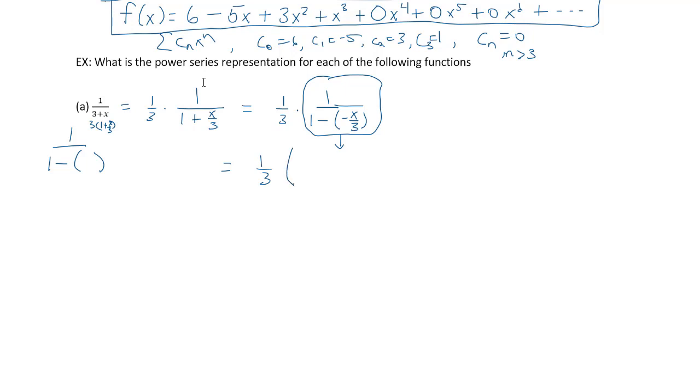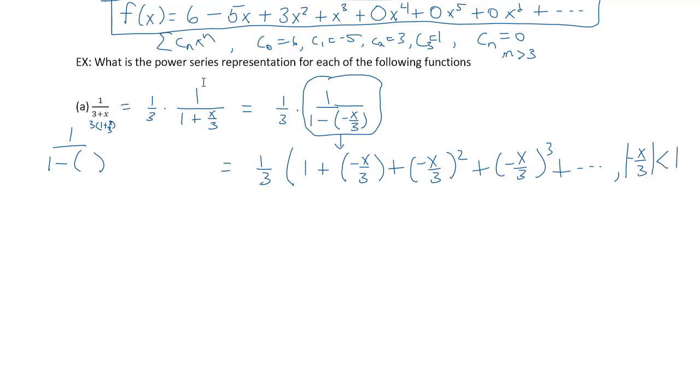It looks like 1 plus a negative x over 3, plus a negative x over 3 squared, plus a negative x over 3 cubed, plus and so on, but not for all x, only for x's where the thing that I plugged in, negative x over 3 in absolute value, is less than 1. Put this close parentheses right there.